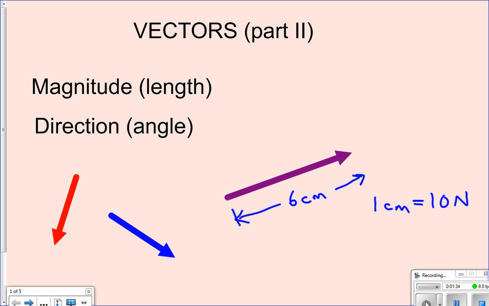So what would be the force represented by this purple vector then? I think you probably know. What I really mean is that this is a vector that represents 60 newtons. Now, if we draw things to scale, it's kind of neat because we can actually get a piece of graph paper out and draw these together and figure out how forces add by adding the vectors. It's not too complicated.